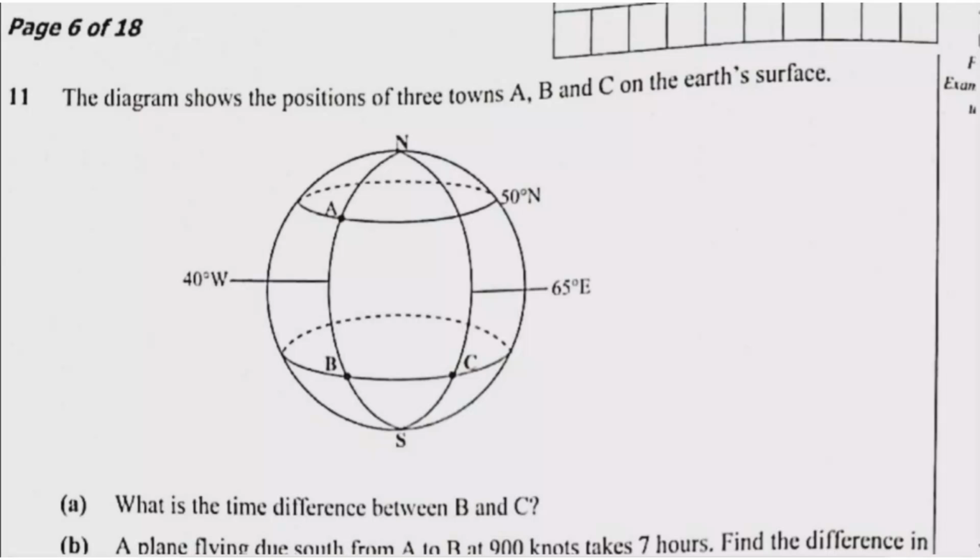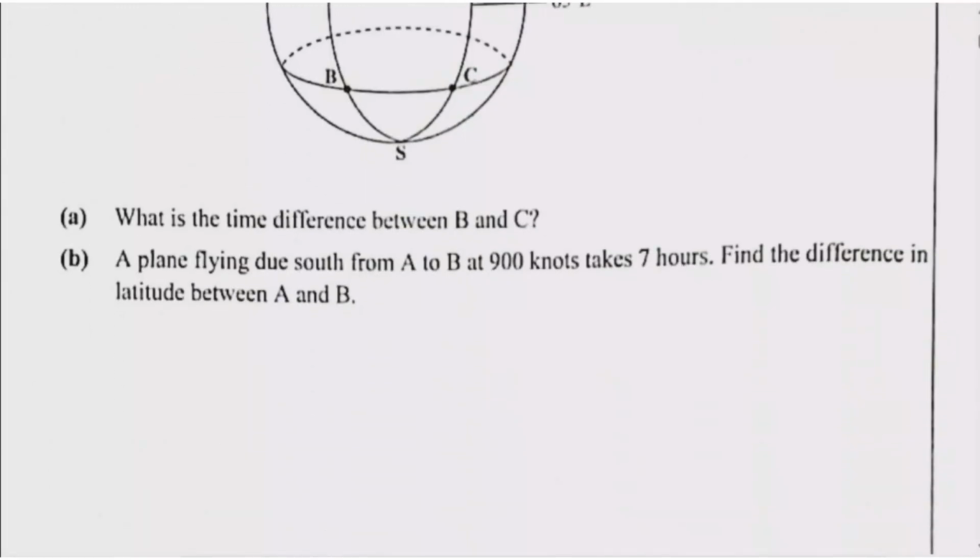So question 11A is as follows. What is the time difference between B and C? To solve this one, I'm going to abbreviate time difference as TD. Time difference is equal to theta over 15 degrees.